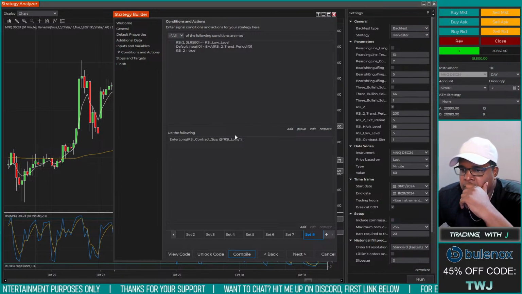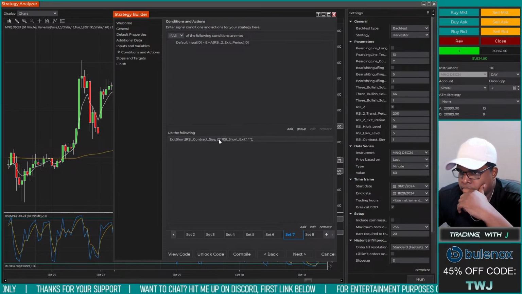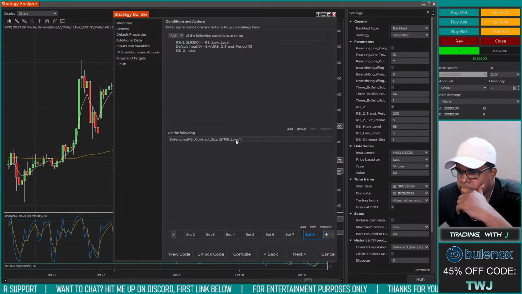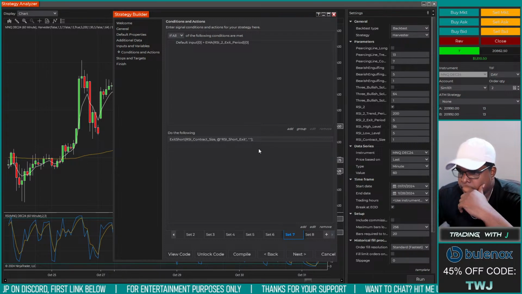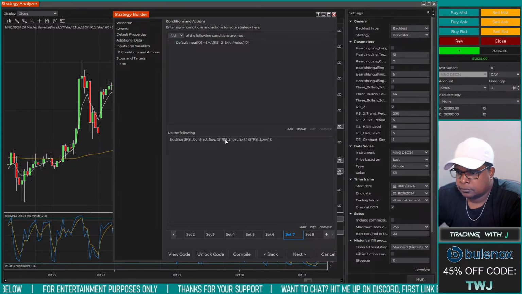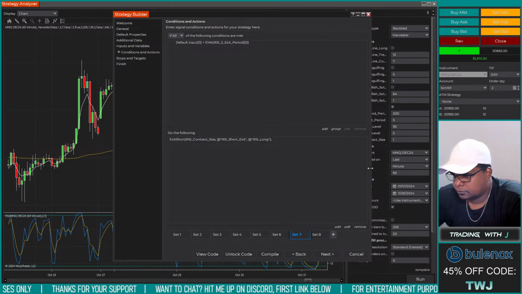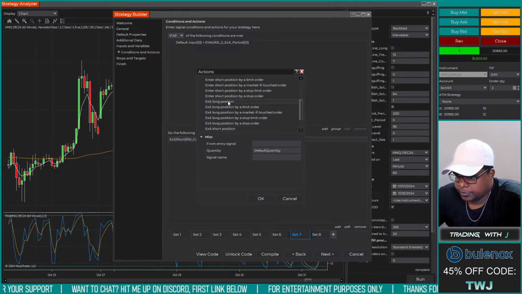We still have an issue with exiting the long. Exit long position.